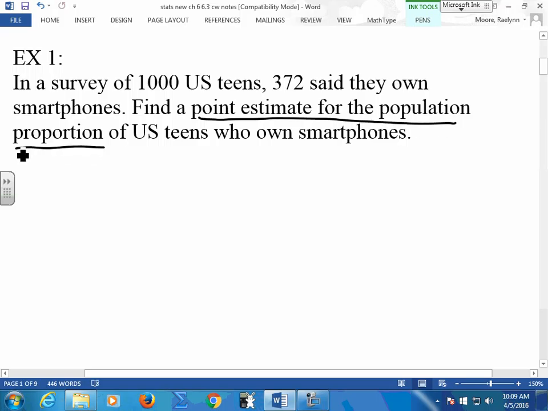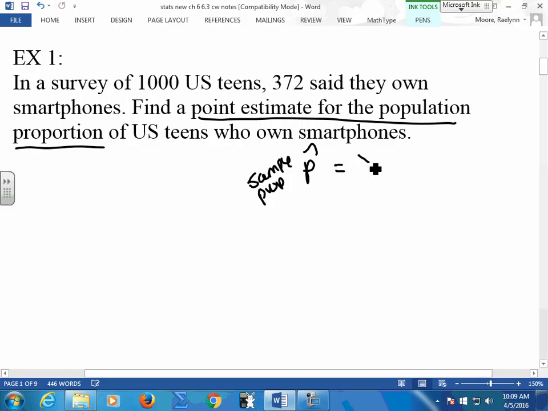Find the point estimate means I'm finding the proportion for my sample. The reason we say for the population is because this is what's going to represent the population. We're going to make an inference on our population based on what we found in your sample.